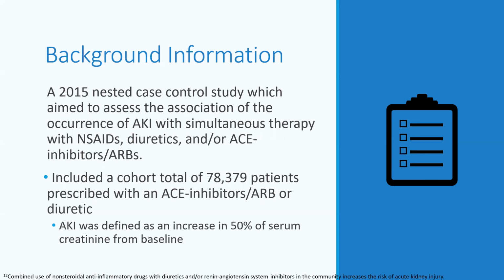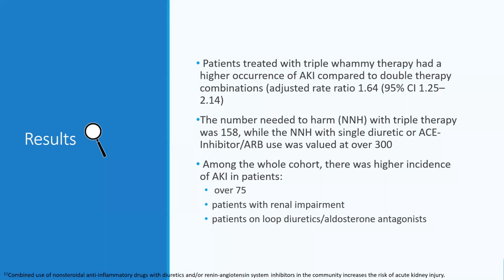It included a cohort total of 78,379 patients who were prescribed an ACE inhibitor, an ARB, or diuretic. And they defined AKI as an increase of 50% of serum creatinine from baseline.